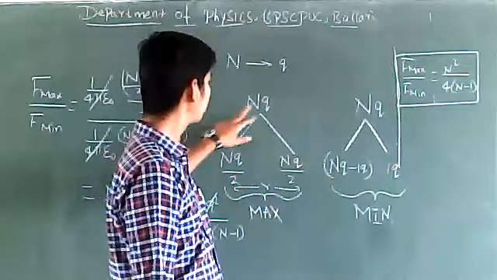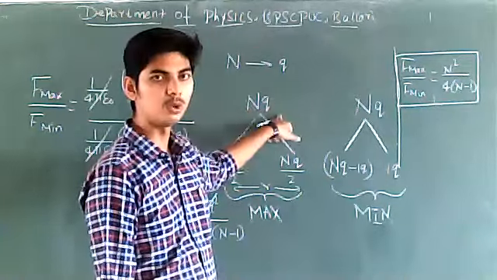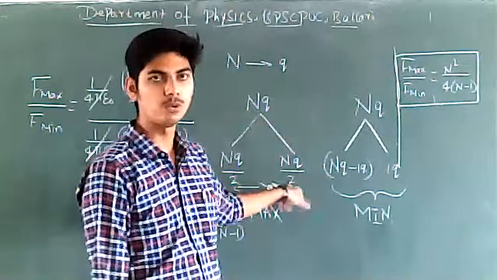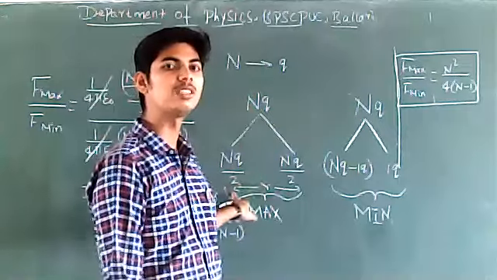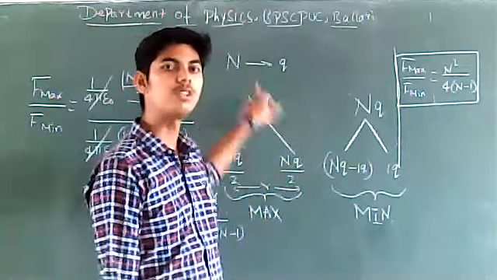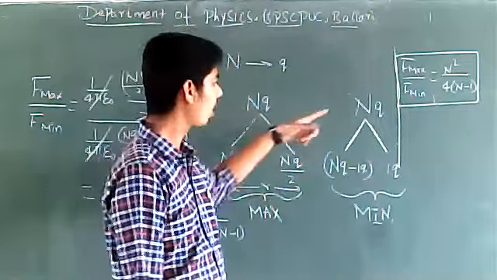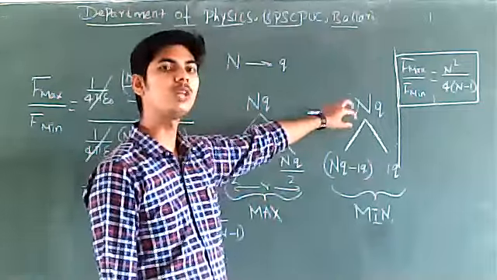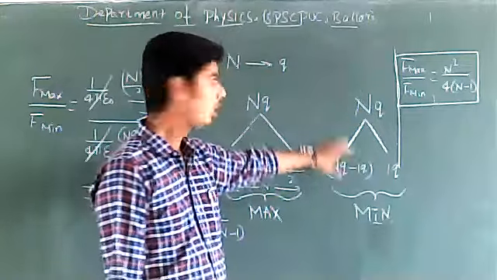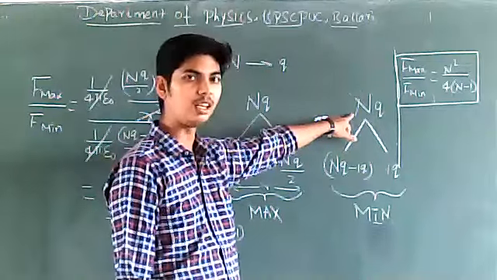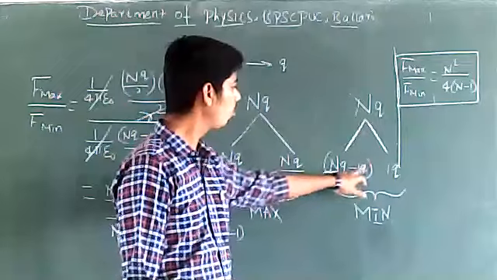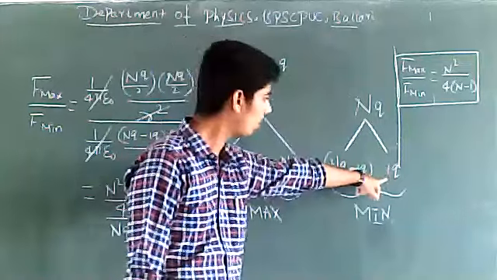For example, if it is 10q, divide it as 5q and 5q. If it is 12q, divide it as 6q and 6q. If it is 20q, divide it as 10q and 10q. On the other hand, for the force between two charges to be minimum, divide the given charge nq as nq minus 1q and 1q.